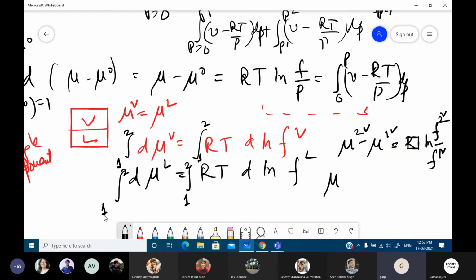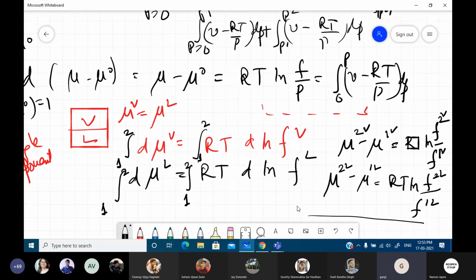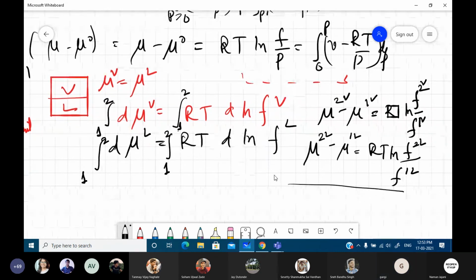The lower limit here and the lower limit here are the same. Or in other words, mu 2L minus mu 1L equals RT ln f2L by f1L. Anybody, any doubts in this particular thing that I have written down?